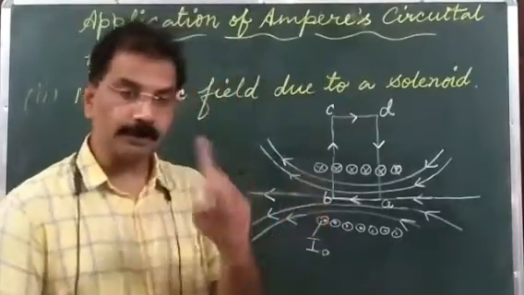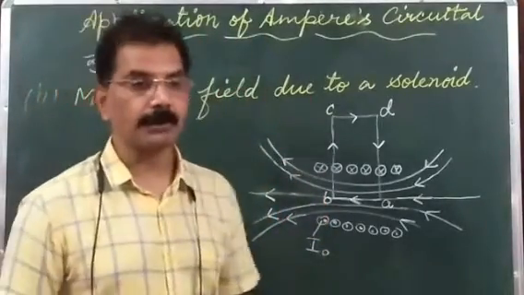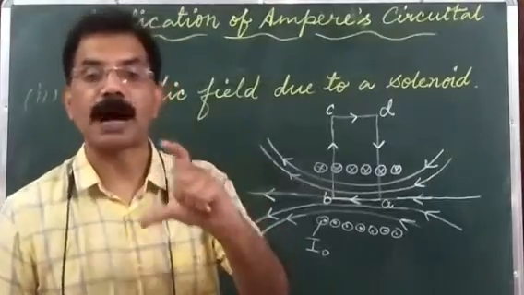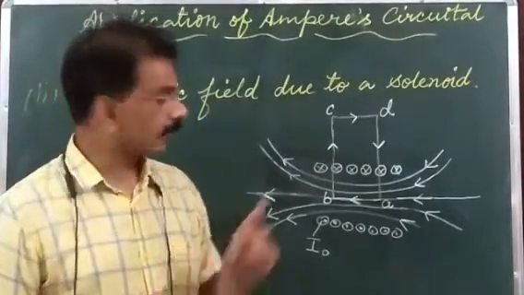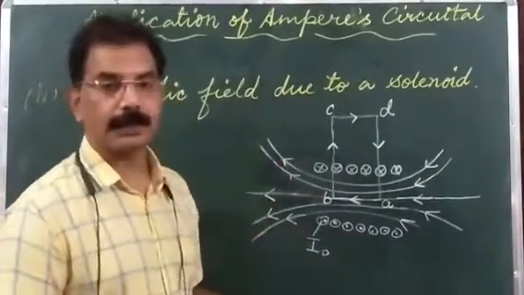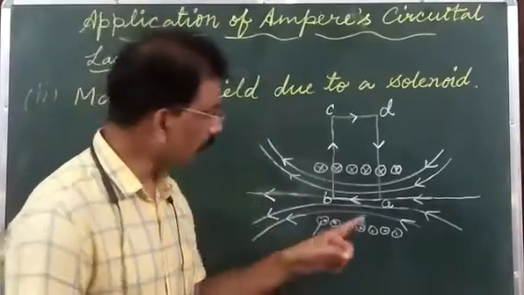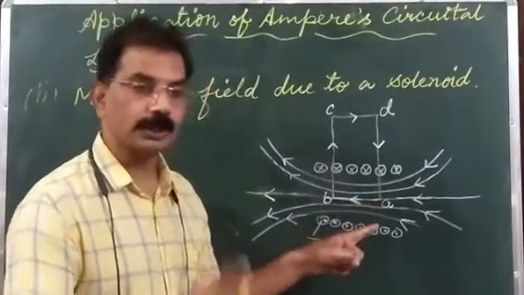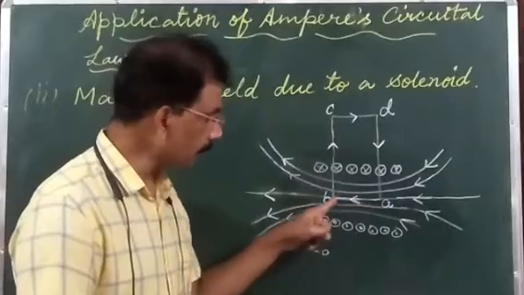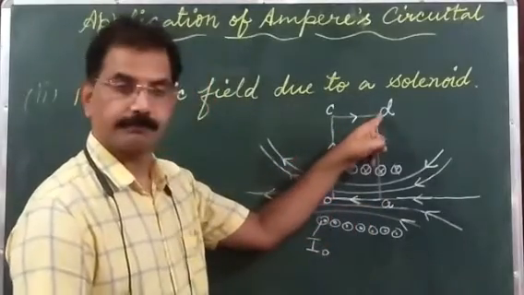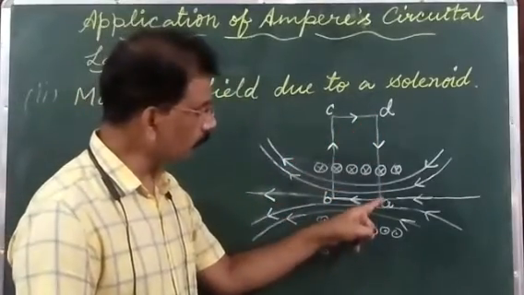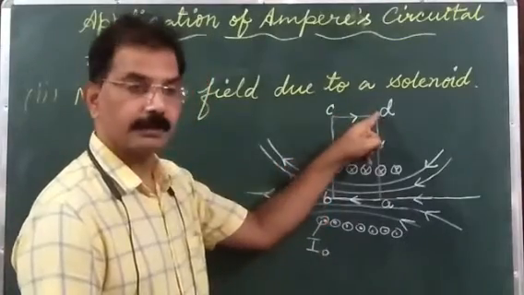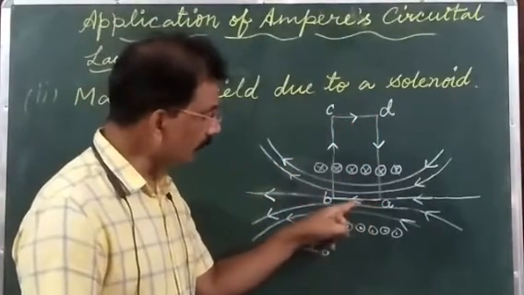Remember, we always use the Ampere circuital law for a closed path, and here I am going to apply it. So let us consider a closed rectangular loop ABCD, in which AB is along the axis of the solenoid.